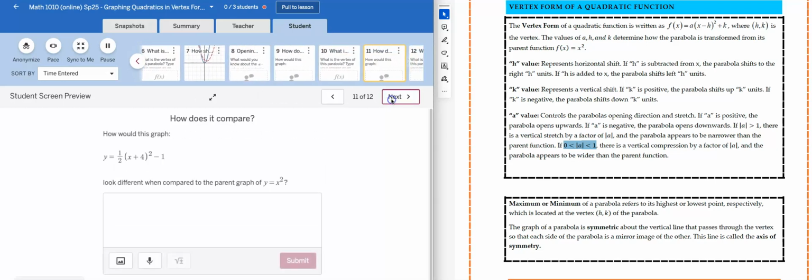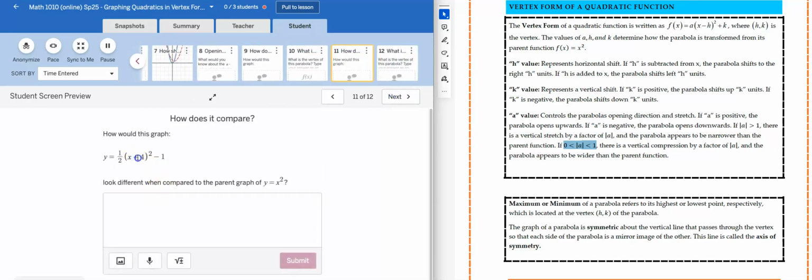And then what about this stuff inside there? How are those shifting it? So what's happening here? -4, so to the left 4 places. And then down 1.